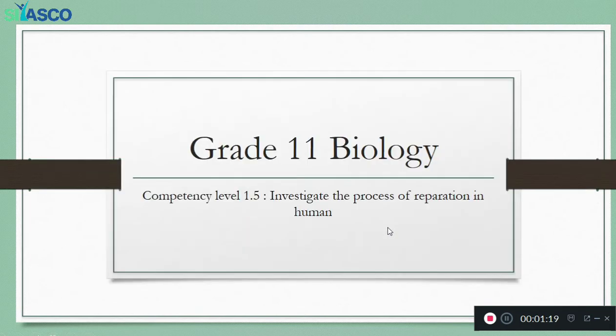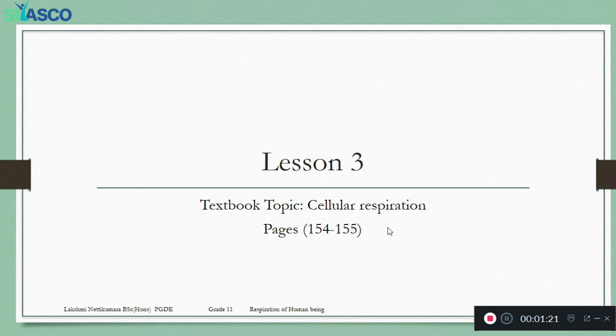Let's proceed to lesson 3. It is given in the textbook as cellular respiration.